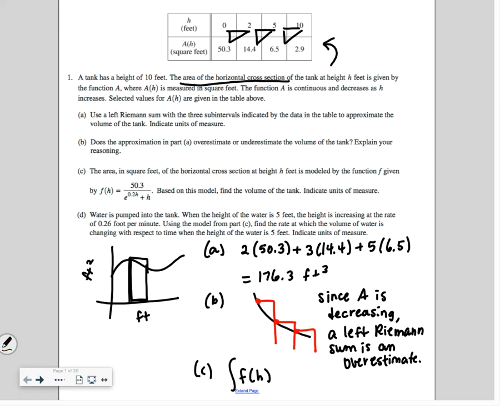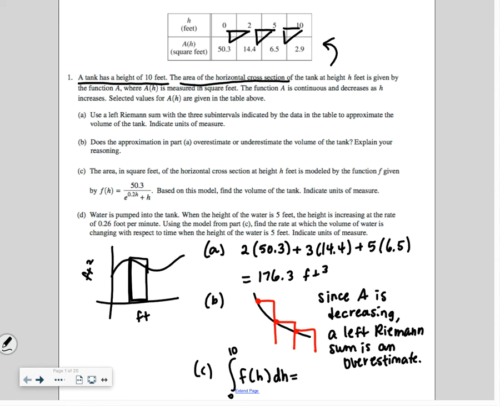The tank has a height of 10 feet. So I want my h, my height, to go from 0 all the way to the full height, which is 10 feet. So I'm going to do 0 to 10, and that's going to be in terms of h, so I'm going to write dh there.